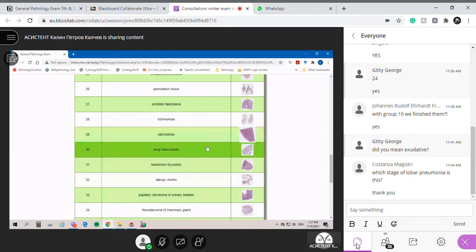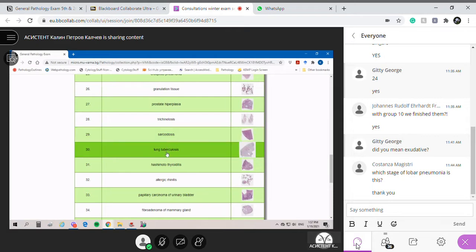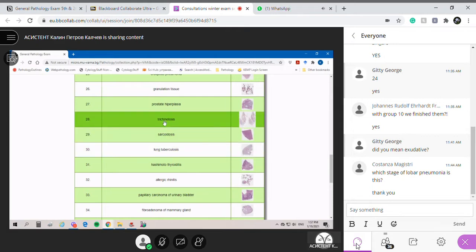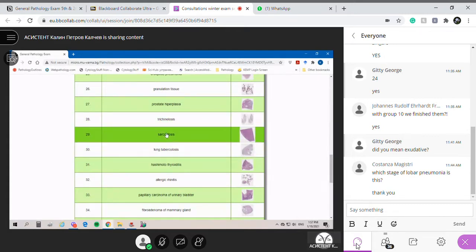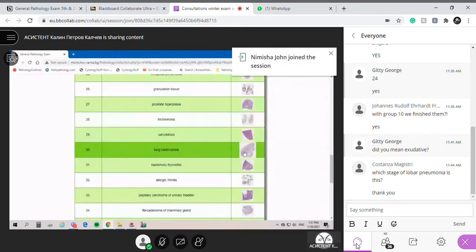Here we show you two granulomas: lung tuberculosis and sarcoidosis of a lymph node, which are specific types of inflammation. And the next one is trichinosis, which is also granulomatous inflammation, but it is inflammation around parasites.